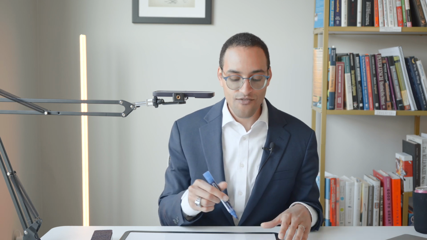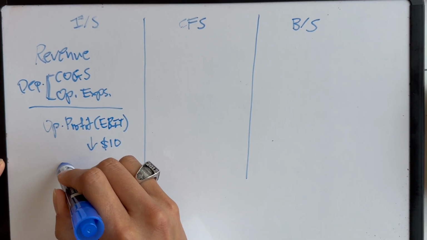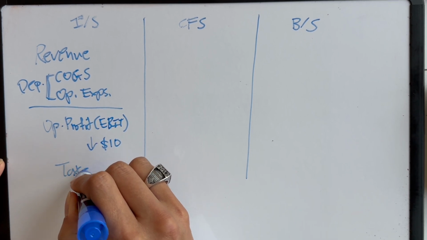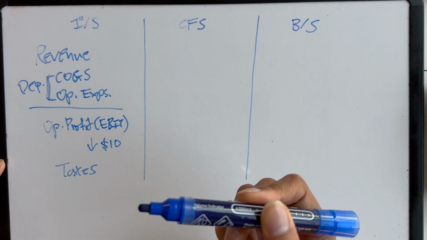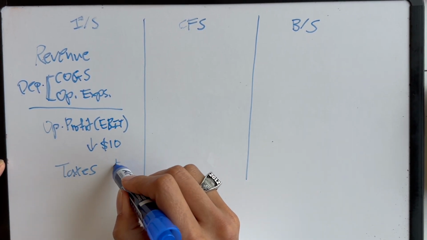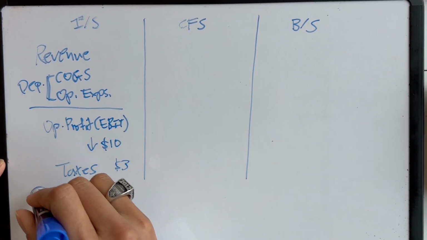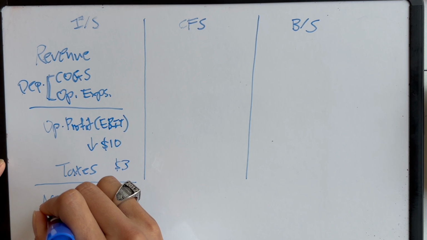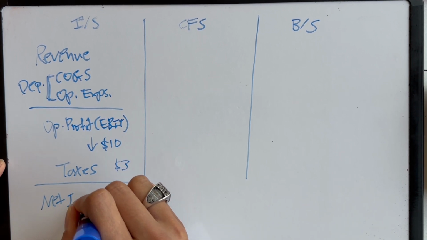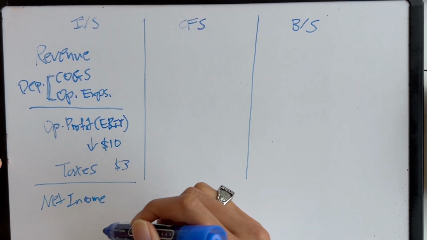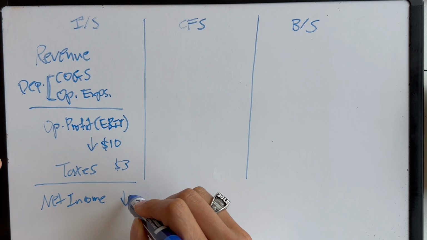So let's go ahead and assume a 30% tax rate. And with a 30% tax rate, we're going to have $3 in taxes. That's 30% times 10. And so our net income is going to go down by $7.